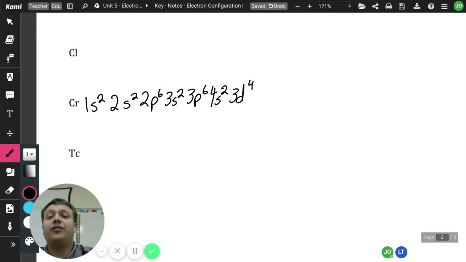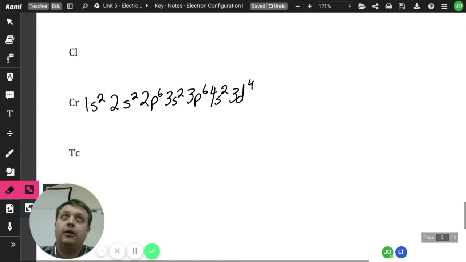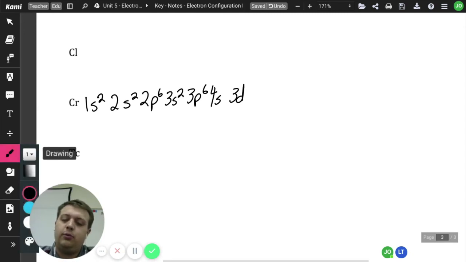Now this is actually one of your exceptions, if you remember. You take one away from the s sublevel and put it into the d sublevel.